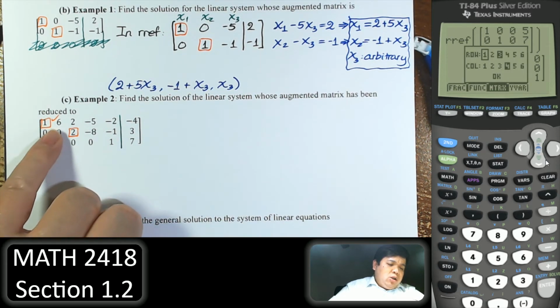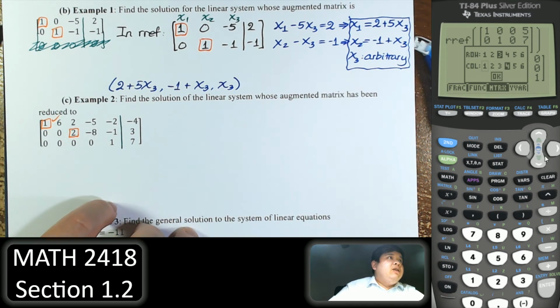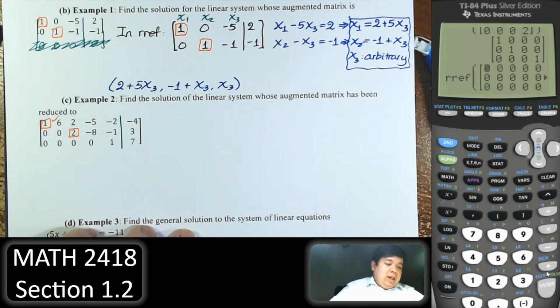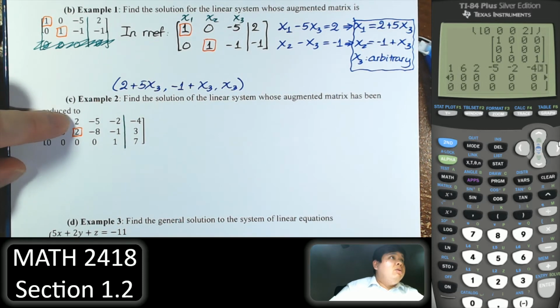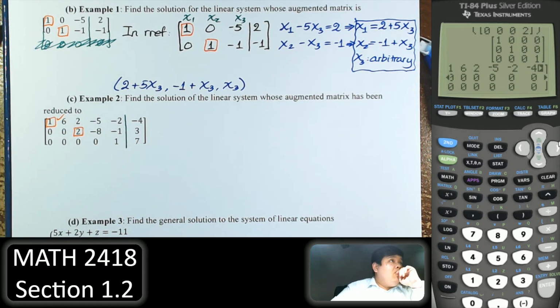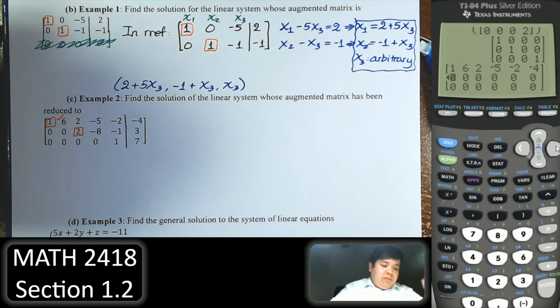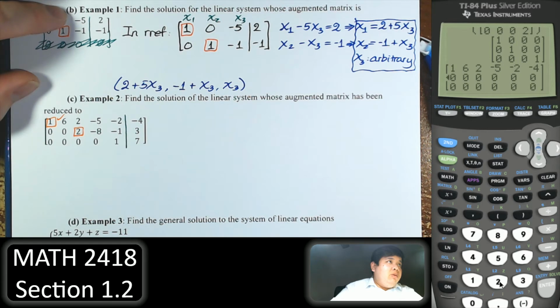3 rows, 6 columns. Row 1: 1, 6, 2, negative 5, negative 2, negative 4. Row 2: 0, 0, 2, negative 8, negative 1, and 3.